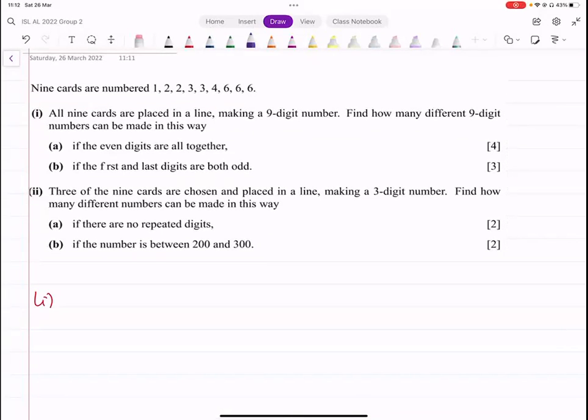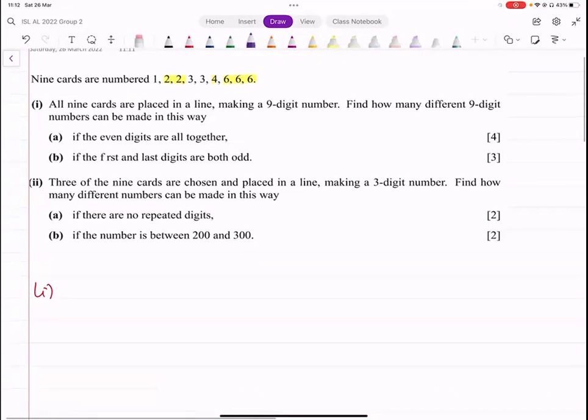Okay, so even digits have to be together. How many even digits do we have here? We've got 2, 2, 4, and 6, 6, 6. There are 6 even digits in total. Okay, and there are 3 odd digits. We have to put even digits together. इसका मतलब ये है कि even digits के लिए एक single box बन जाएगा.